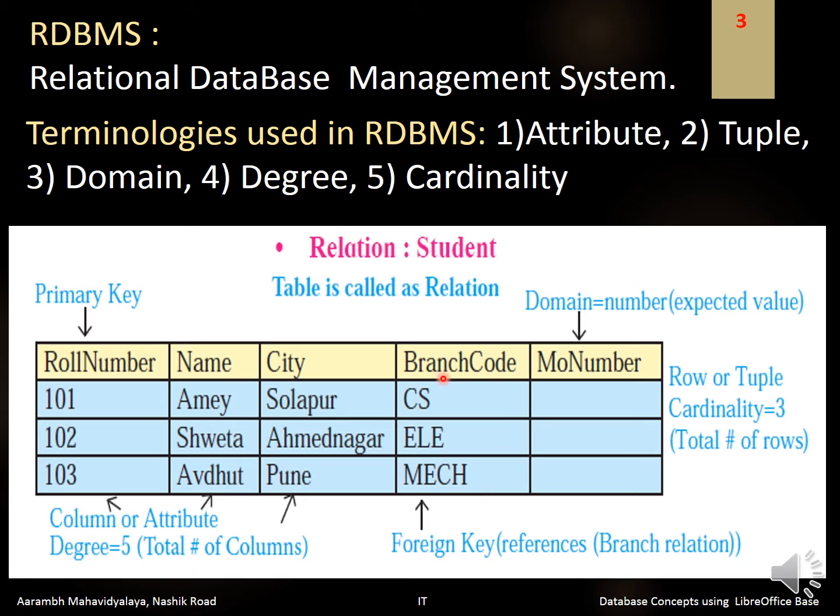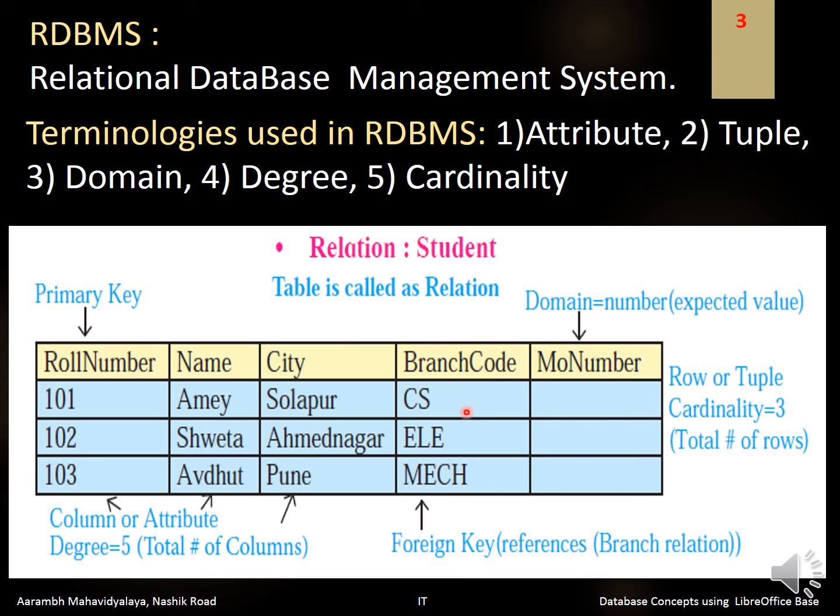Then here the foreign key is shown, that is the branch code. Whether it is CS, electronics, computer science or mechanical, this branch code is given as a foreign key, and it references the branch relation. That means in future we are going to design a new table named branch, and in that branch table this branch code will be a primary key or a candidate key.